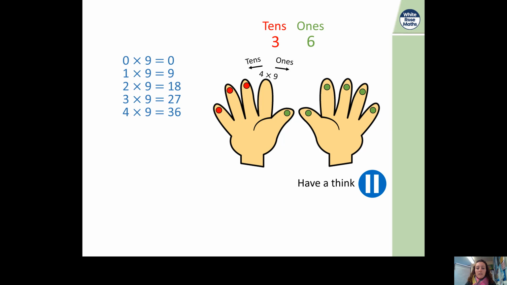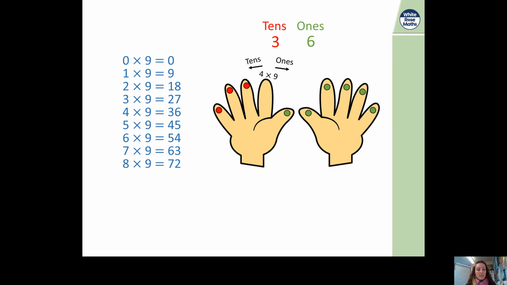Have a think about what might happen with the other fingers. So 5 times 9, we hold down the 5th, you've got 4 10s on the left and 5 1s left over. 6 times 9, hold down the 6th, your thumb on the other hand, you've got 5 10s and 4 1s. 7 times 9, you've got 6 10s and 3 1s. 8 times 9, you've got 7 10s and 2 1s.